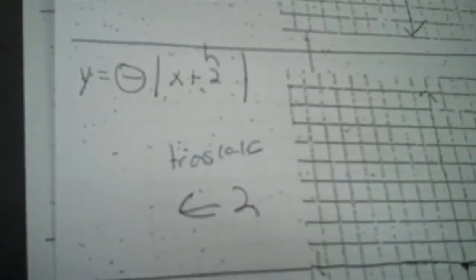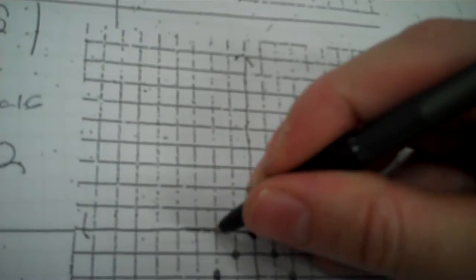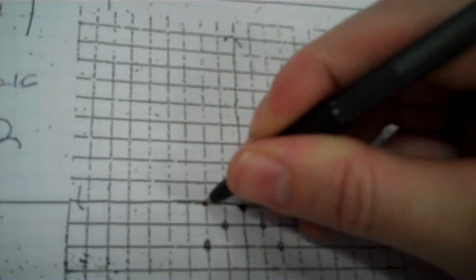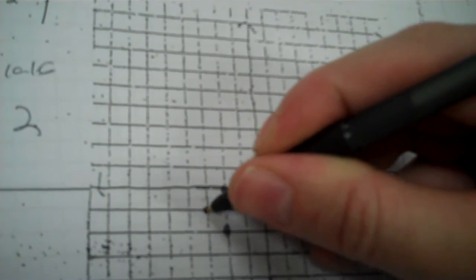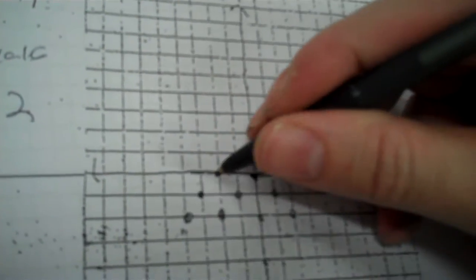But inside you do the opposite of +2, which means you're going left 2. Okay, so take that, move left 2, and then the same stuff. Right 1 down 1, left 1 down 1, right 2 down 2, left 2 down 2. Okay, and there we have it. So that's how the negative works.